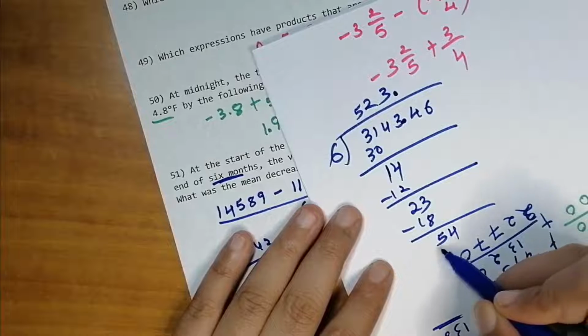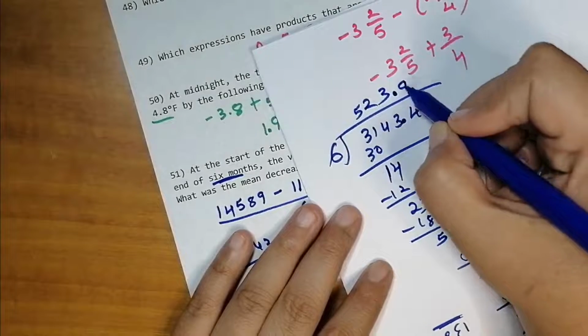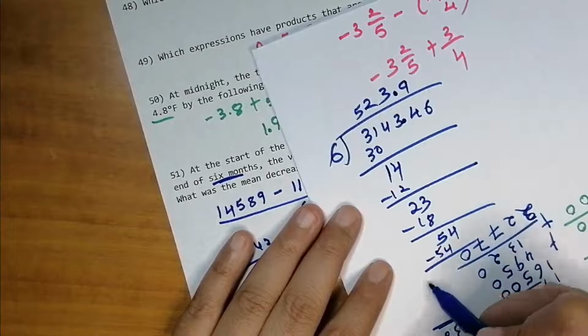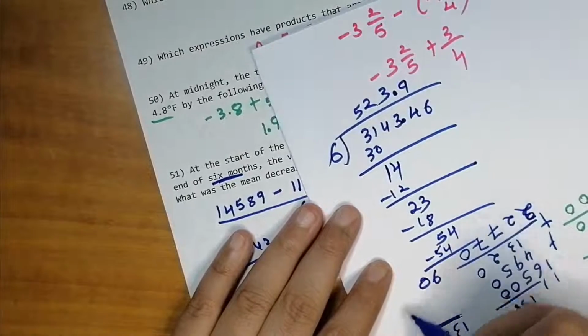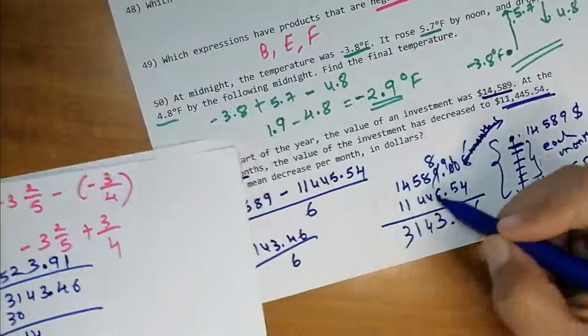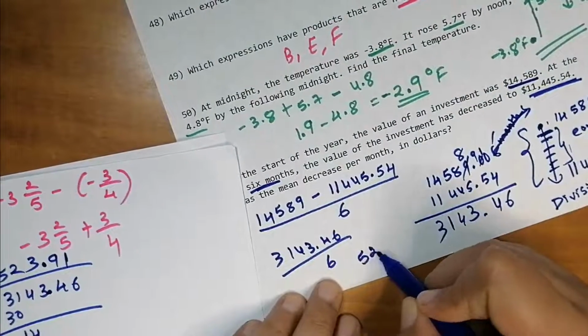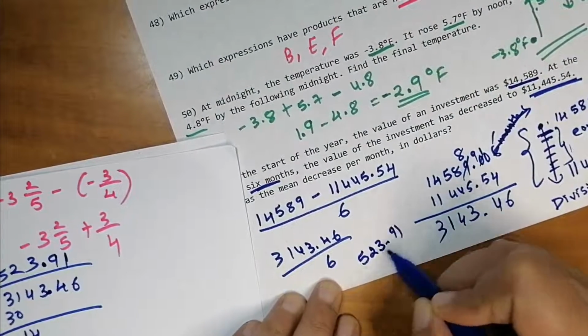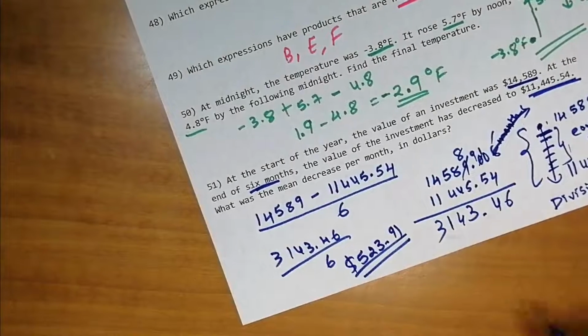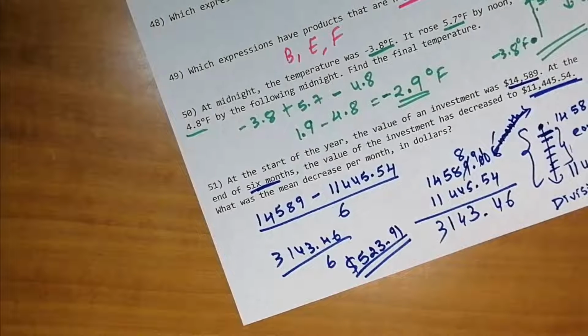So 54, which is 9. 6 times 9 gives us 54. That gives 0, and the 6 comes here, so this is 1. Okay, so every month it is coming down by $523.91. And that's how you have this total.